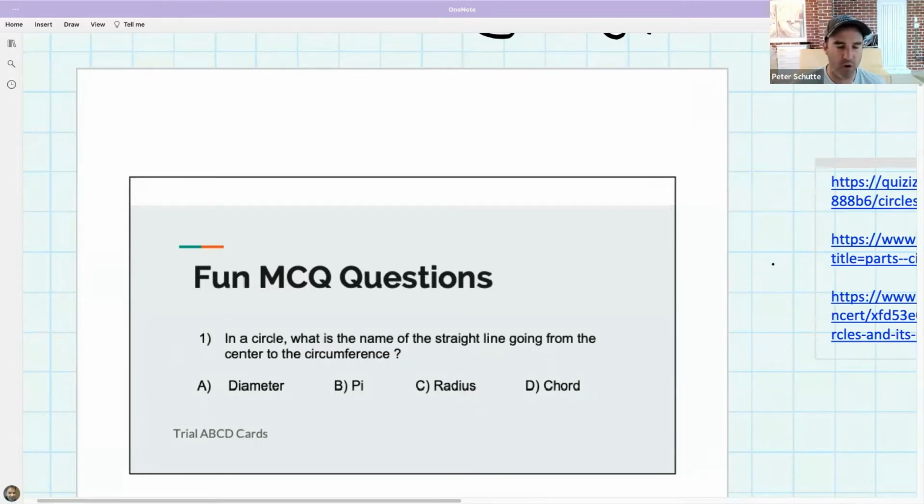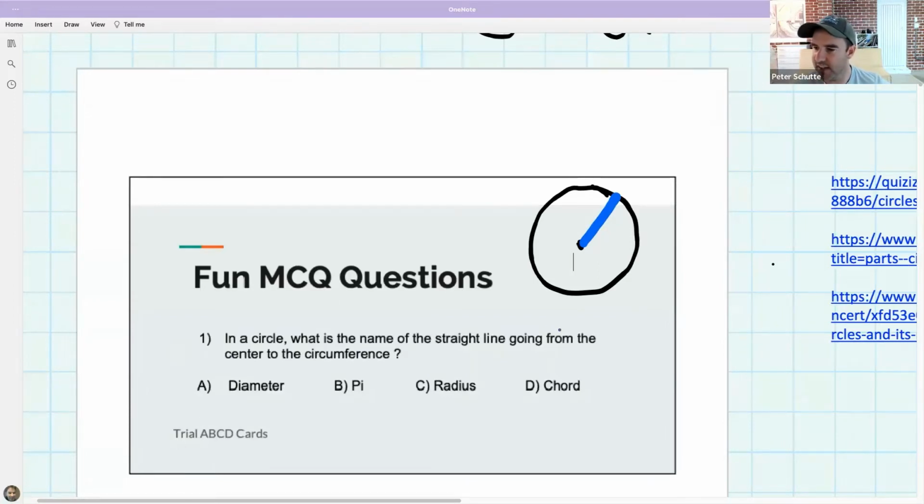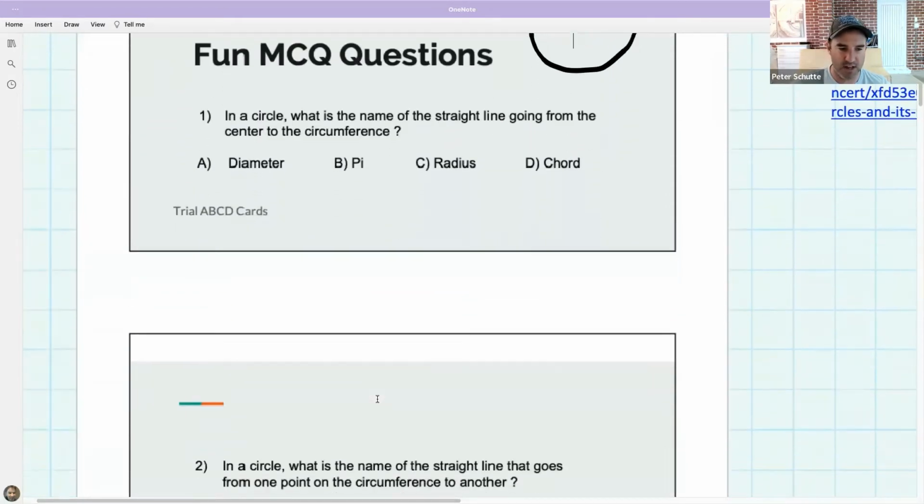If you want to visualize this, here's my circle, here's my center, and I'm going from there to the circumference. What is that called? All right, I see that people are onto this. No problem. Time for the next question, I think.